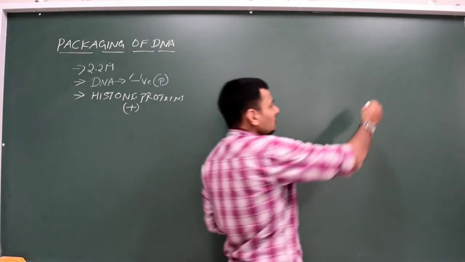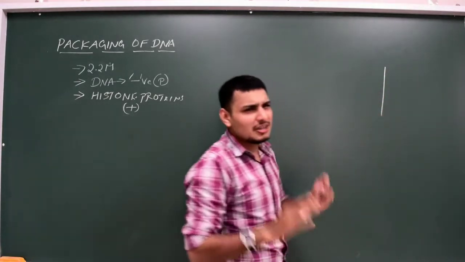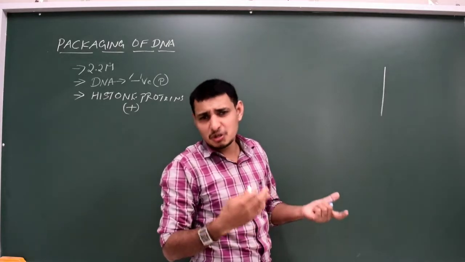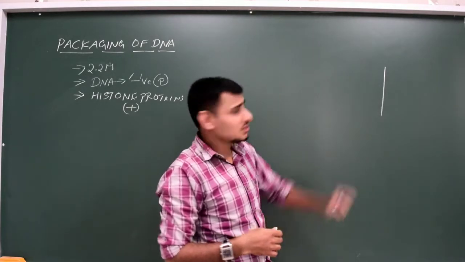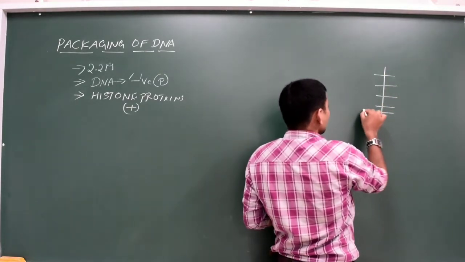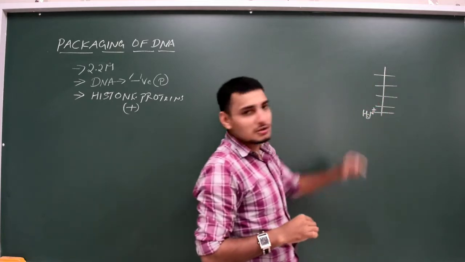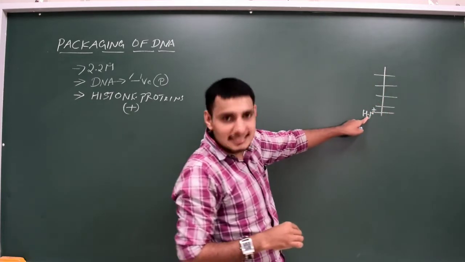If you just draw a histone, let us imagine that histone is nothing but a protein, made up of amino acids. Okay, this is one amino acid. Simply, right? Here they have the amino group that is having positive charge in their side chains.